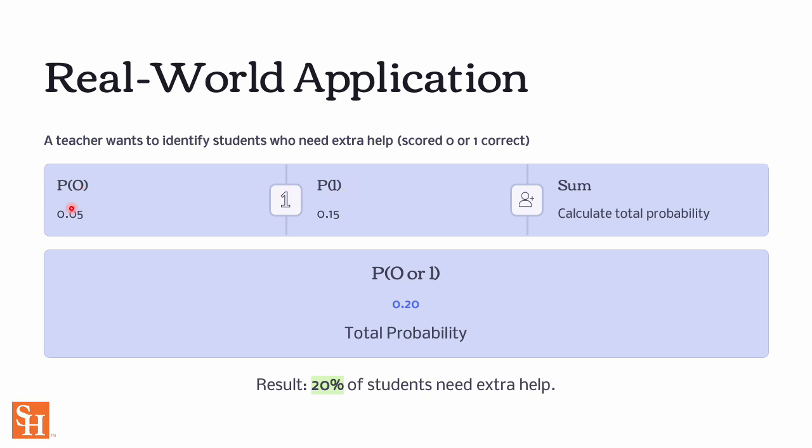The probability associated with a 0 score was 0.05, and with a score of 1 was 0.15. So together that is 20%, right? That means 20% of the students in the class score below 2, and that means 20% of the students probably need some extra help in this course, right?